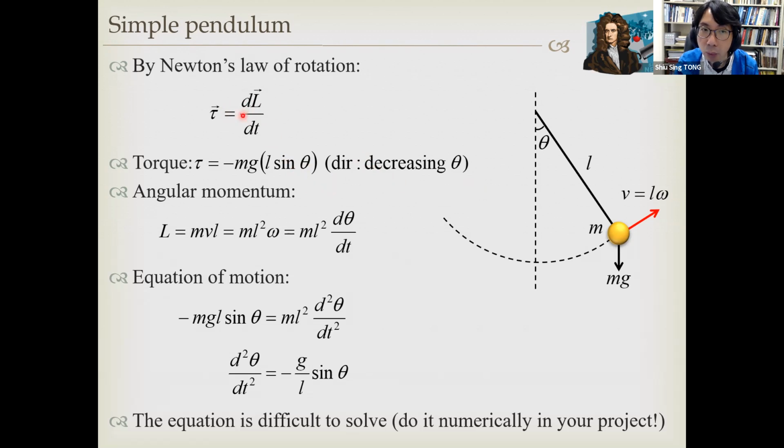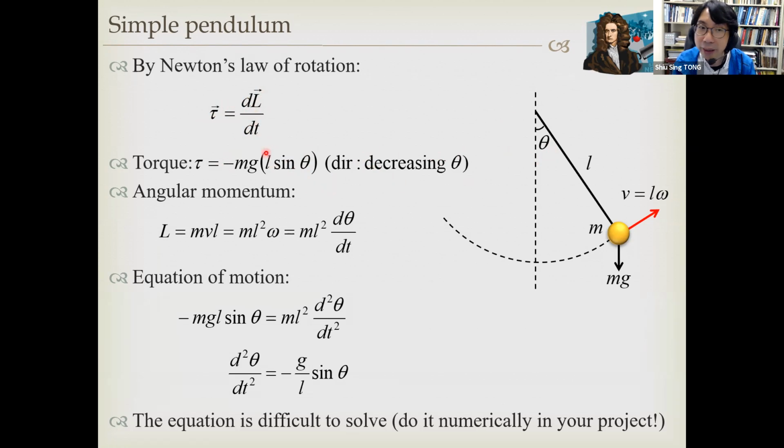Now we know Newton's second law for rotation, so we're going to use that. Newton's second law of rotation says the torque acting on a body is equal to the rate of change of angular momentum. This is the net torque. The net torque acting on the body is equal to its rate of change of angular momentum, dL dt.